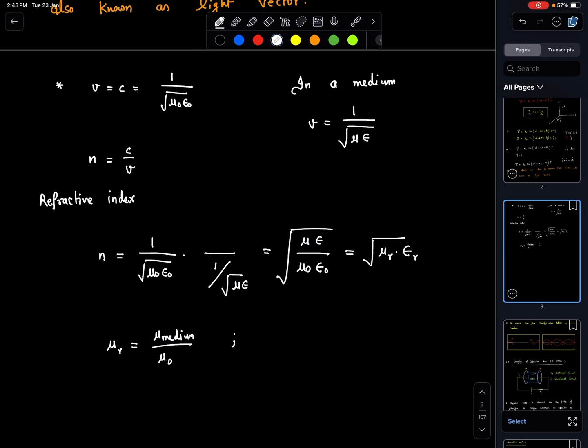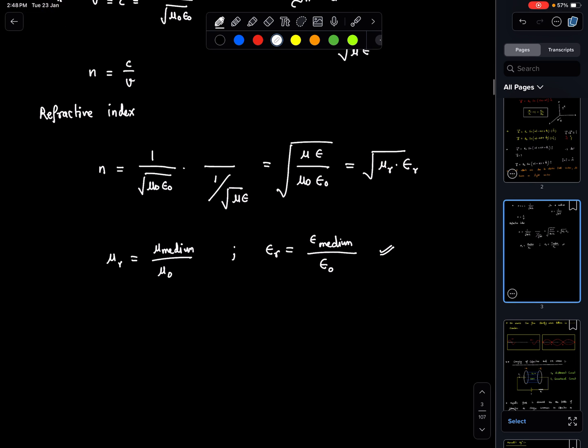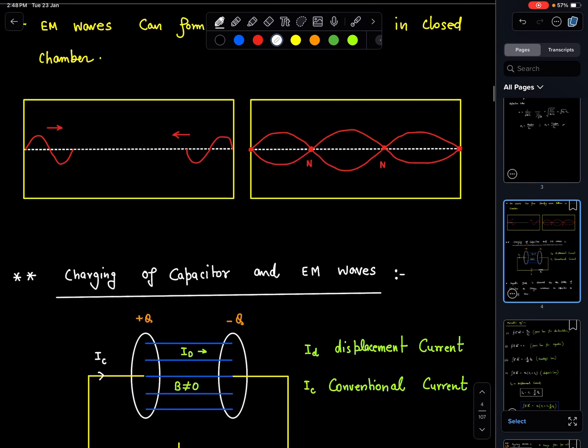Similarly, I can write epsilon r, which is the dielectric constant. It will be epsilon of medium divided by epsilon naught. This I have already explained earlier in regular classes. All right, so let's move further.